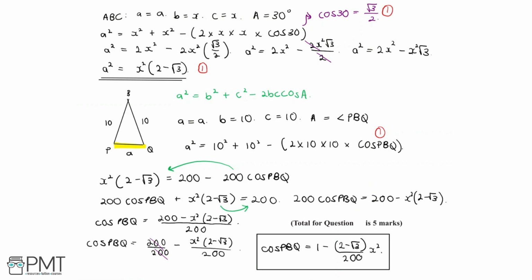And we said x squared (2 minus root 3) equals 200 minus 200 cos PBQ, and that's our fourth mark. And our fifth and final mark will be for getting the conclusive statement that cos PBQ equals 1 minus (2 minus root 3) over 200 x squared, which is exactly what the question asked us to prove.